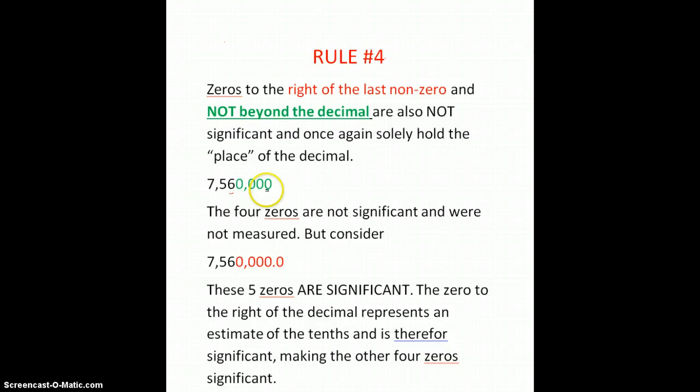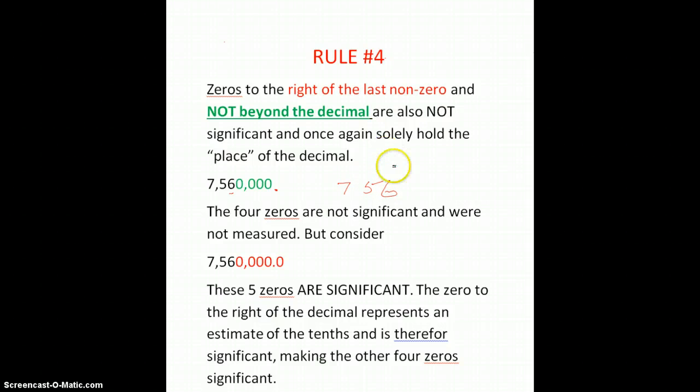Now these zeros are not considered significant because they are what we call decimal place holders. They tell us that the decimal belongs right here in this value so that we read it correctly as 7,560,000. Were these zeros not here, I would read the number as 756. So their only purpose is to hold the decimal.